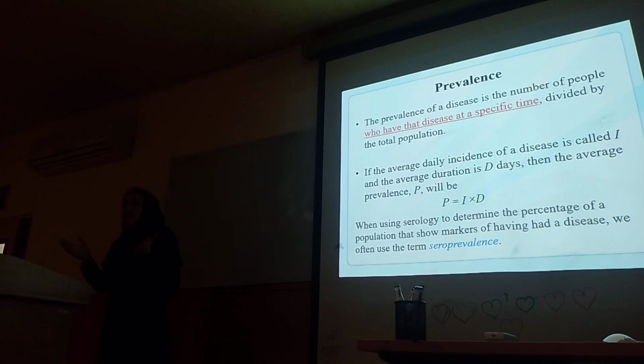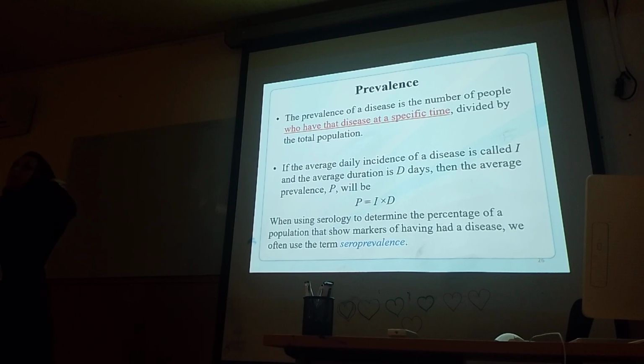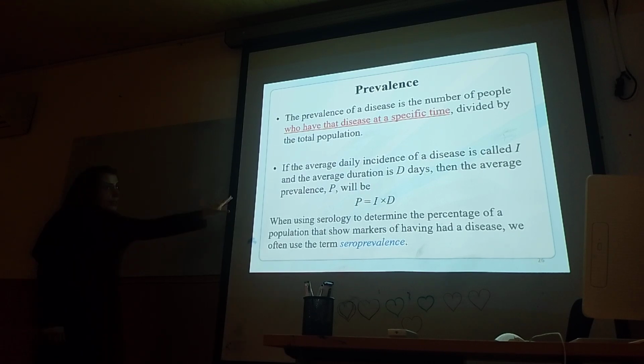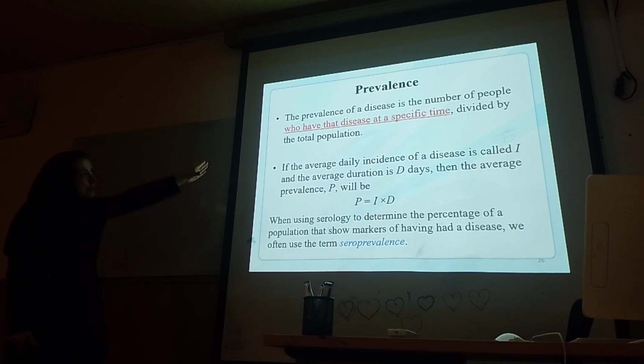It doesn't mean that they are newly diagnosed or diagnosed 5 years ago. So, for prevalence, we have the number of people who have that disease at a specific time.